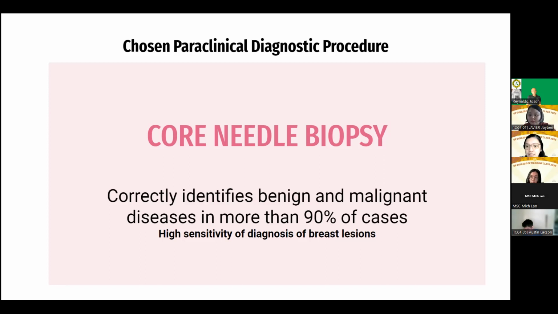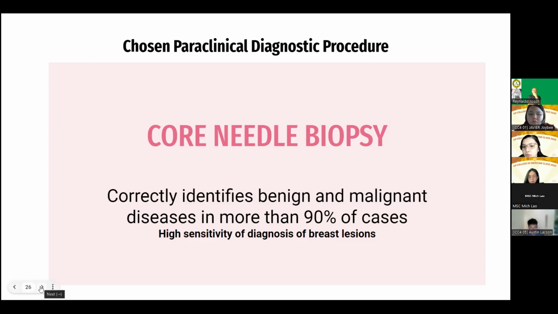So it has a high sensitivity of diagnosis of breast lesions. It can tell whether a mass is a cyst, or if it's malignant, or if it's an infection. And additionally, if ever the mass is proven to be malignant, the specimen can be further submitted for testing for ER, PR, and HER2. So it's more cost efficient that way.